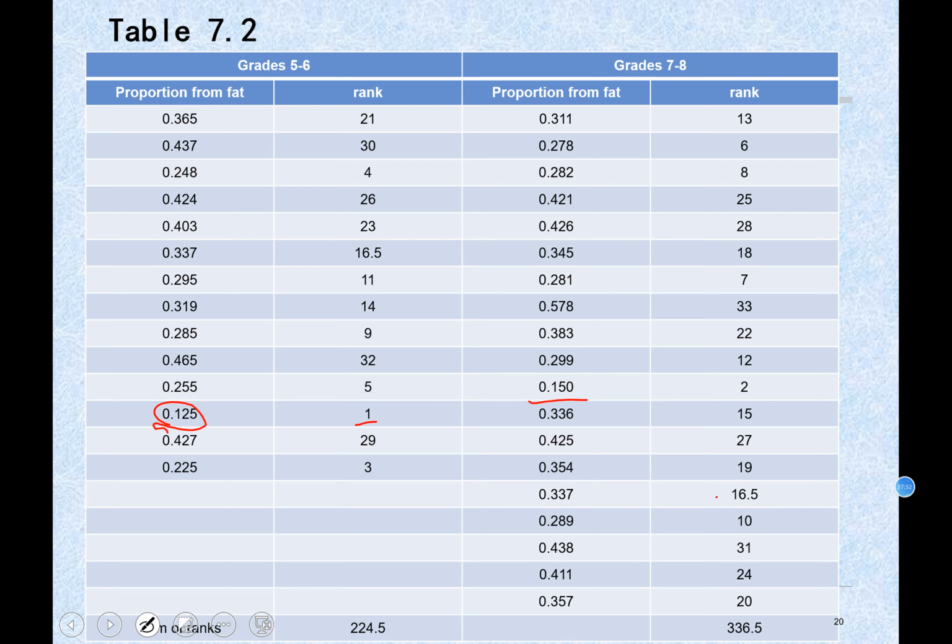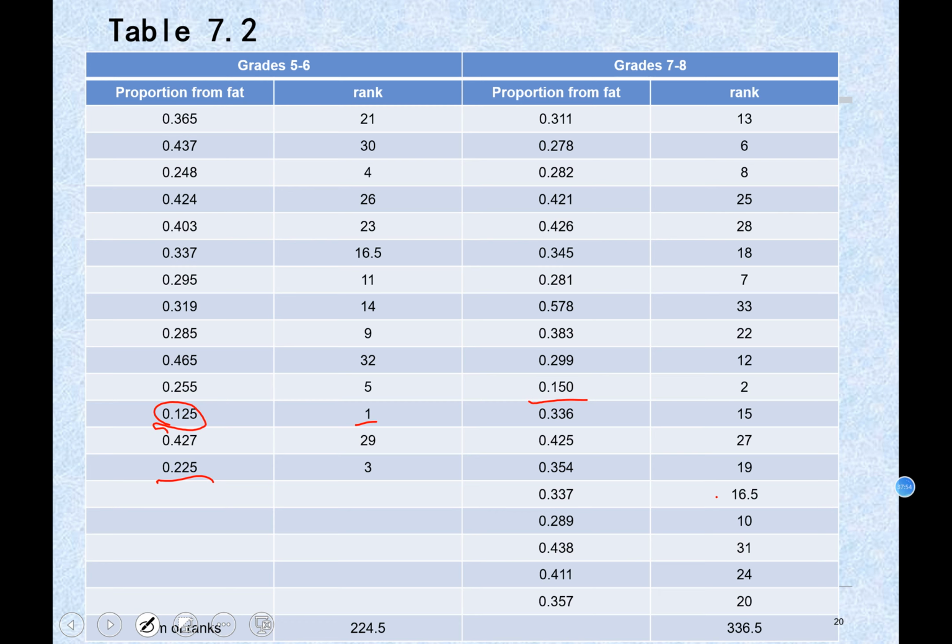And the next one should be 0.225, so its rank is 3. Okay, so we need to rank all the numbers, and we need to transform all the numbers into their ranks.